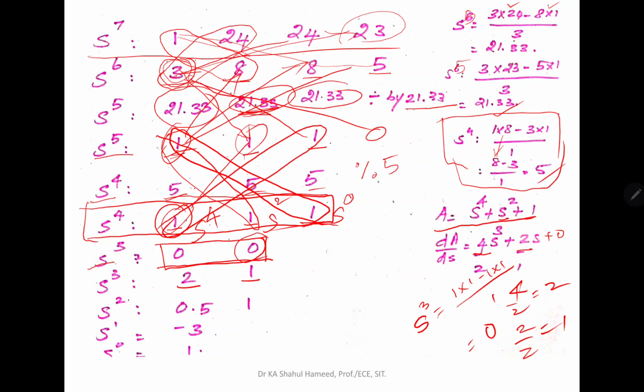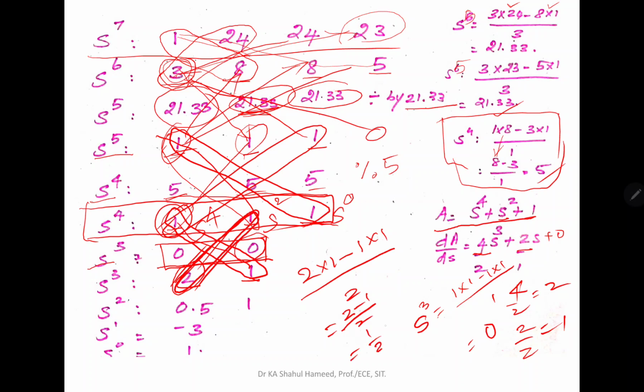Now we have to follow the same procedure to find the next row coefficients. So 2 into 1 minus 1 into 1, divided by 2, is equal to 2 minus 1 by 2, which is 1 by 2, equal to 0.5.